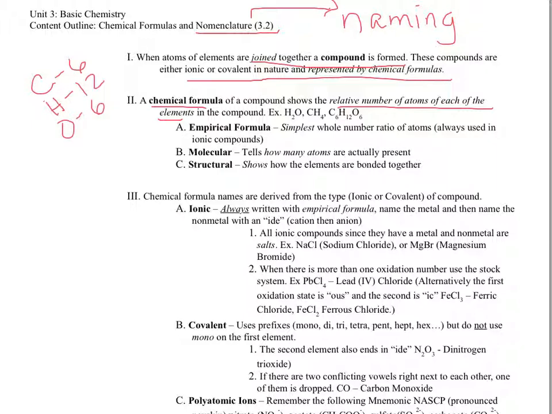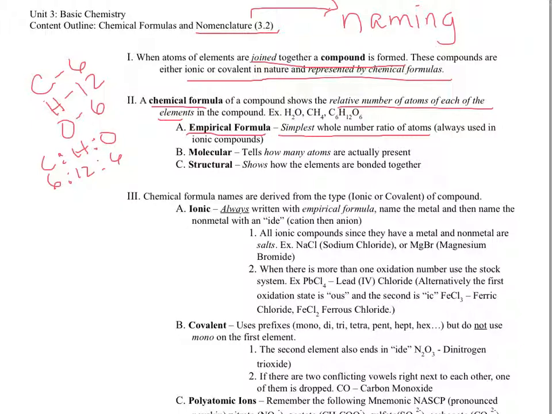That's a formula. There are 3 types of formulas that we deal with. Empirical formulas, which is the simplest whole number ratio of atoms. So if we made a ratio of these 3 atoms, carbon to hydrogen to oxygen, just like a ratio in math, we could say it's 6 to 12 to 6.